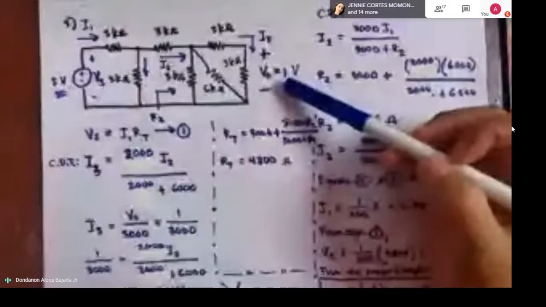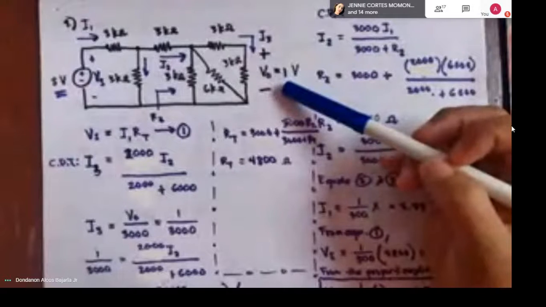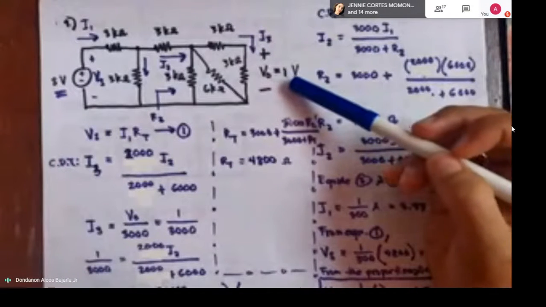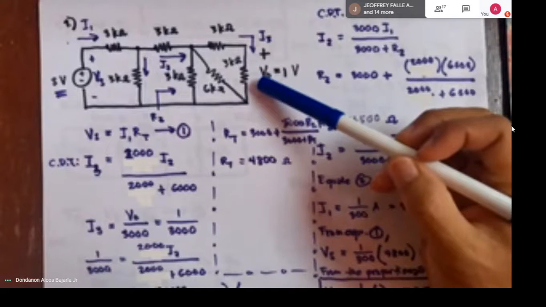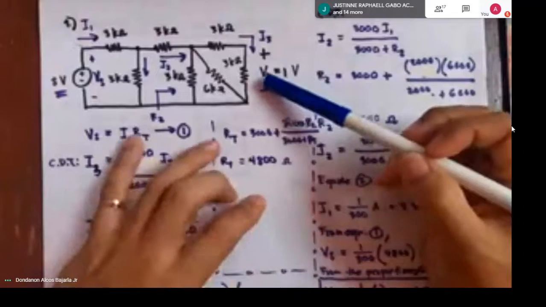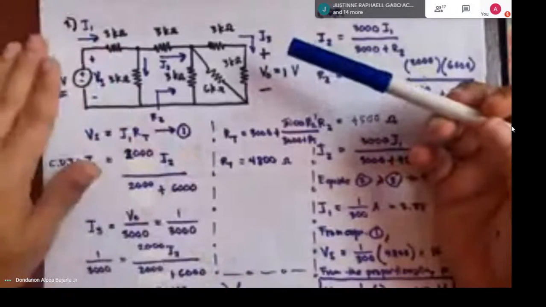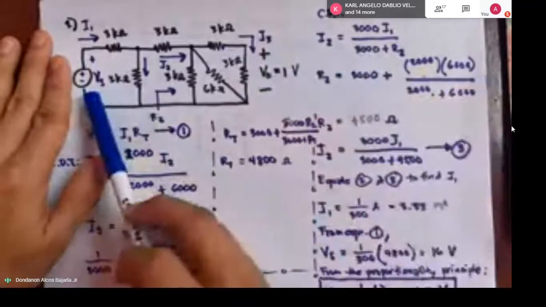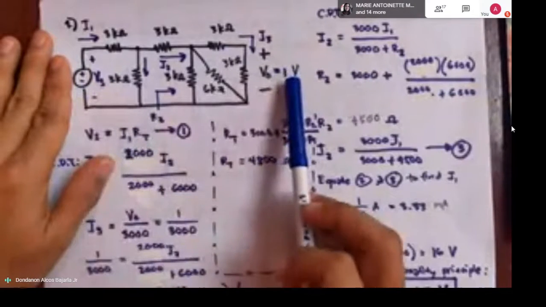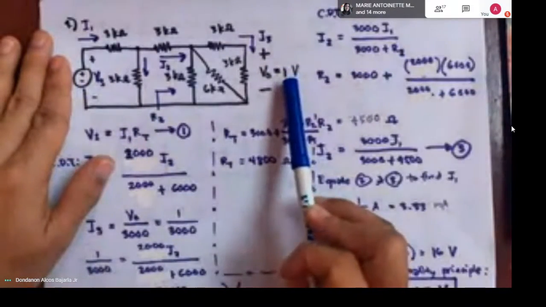We're assuming 1 volt to appear across the terminals of this 3 kilo ohm resistor. What we need to find is the value of V sub S that causes 1 volt to appear here.